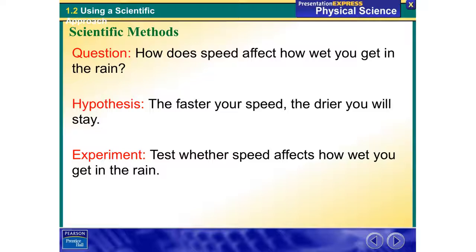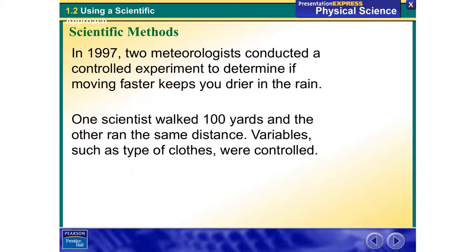And someone's hypothesis might be, the faster your speed, the drier you will stay. So if I walk faster or if I run, then I will stay drier. The experiment would be to test whether speed affects how wet you get in the rain. So maybe having someone go out in the rain and run, and then someone else or that same person walk.